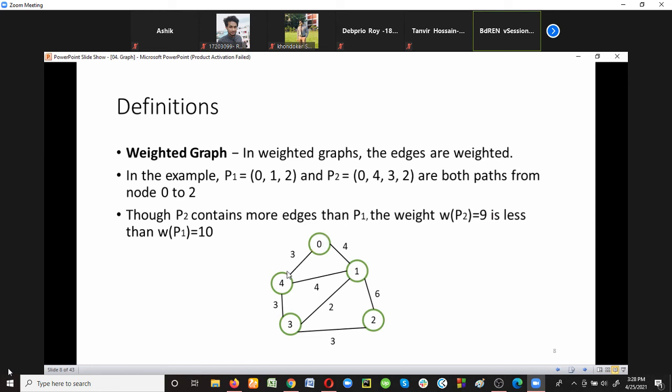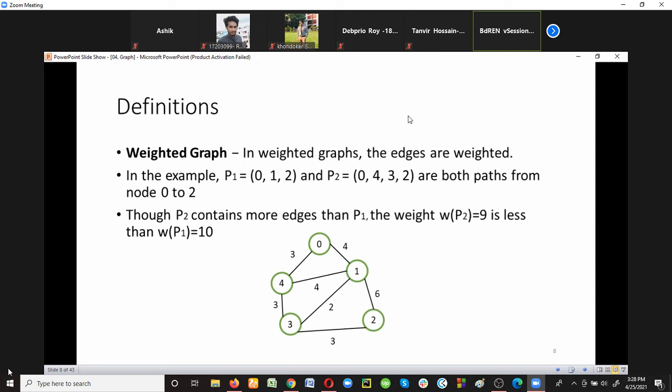So here there are 2 edges starting from 0 because it's an undirected graph, or 2 edges contain that node 0, or 2 nodes are connected with 0. That's why its degree is 2. 0 is connected with 4 and it's also connected with 1. What about 3? 3 is connected with how many? Very good, 3. It's connected with 4, 1 and 2. That's why its degree is 3.